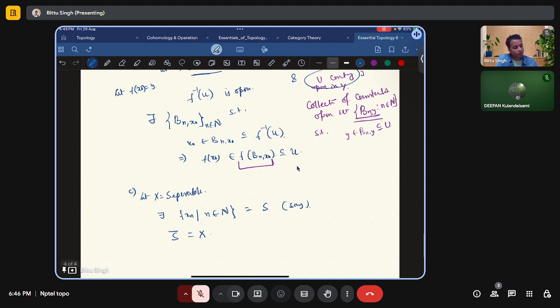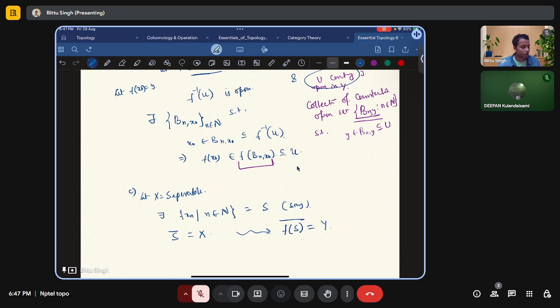So we use this property to prove it. Just apply f on those points. Applying f we get f(x_n), n belongs to N. This set will be dense in Y. So there exists a countable dense set. So if one is true for X, then that will also be true for Y.